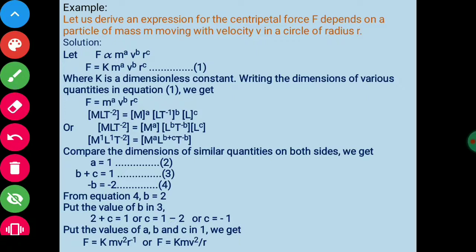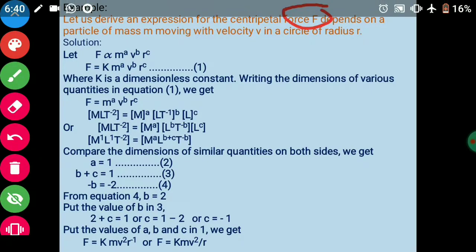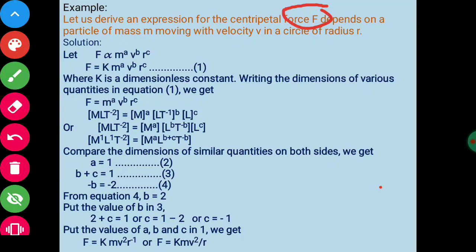In this application, you often see the word depend. One physical quantity, which is force, depends on other physical quantities like mass, velocity, and radius. So we can derive the relationship between these physical quantities. Now, let's start with the solution.